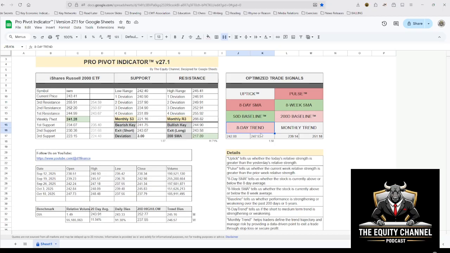If that bold signal goes away, that means you're now a half a standard deviation below the most recent high. Let's keep that in mind, and that's something you want to pay close attention to.